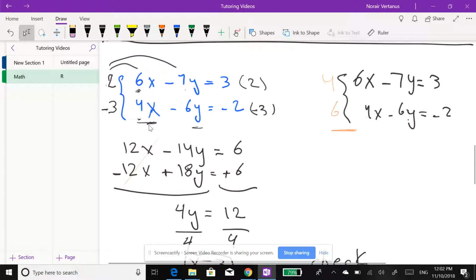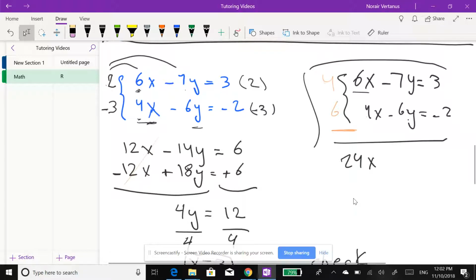Some teachers say you can just multiply by 24. If you have this 4x, you multiply the top one by 4, and if you have this 6x, you multiply the bottom one by 6. Why? Because you get 24x for the top and 24x again for the bottom. Distributing 4 times negative 7 gives negative 28y, equal to 3 times 4, 12.